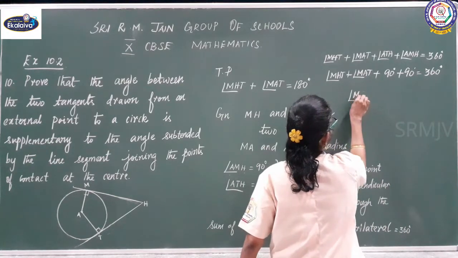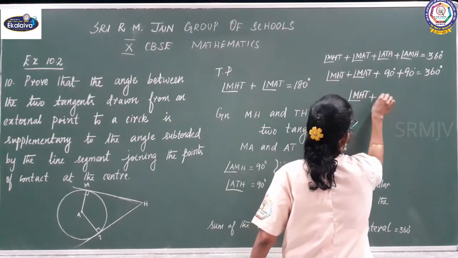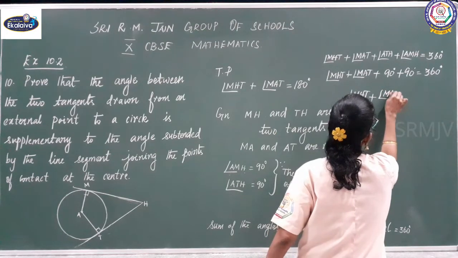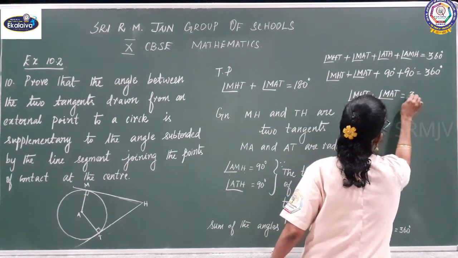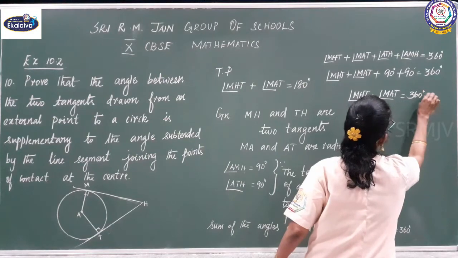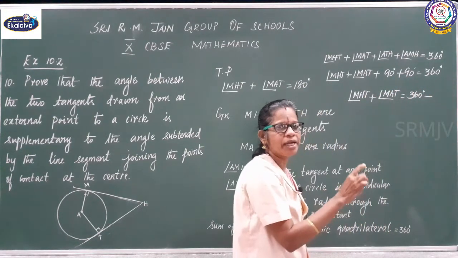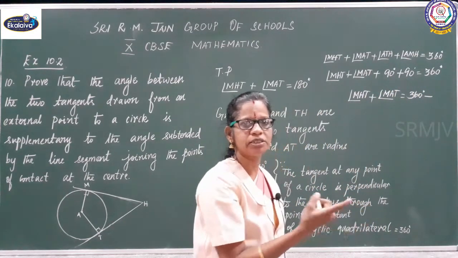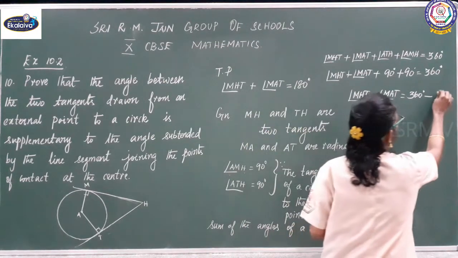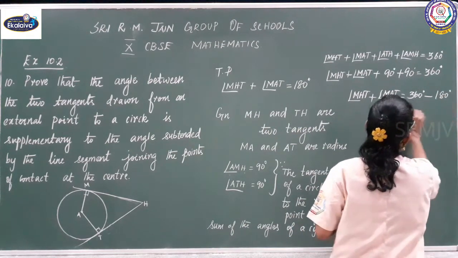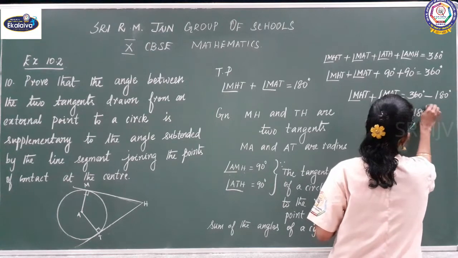Now MHT plus MAT equal to 360 minus 90 plus 90, 180. When you shift the positive to the right side, it will act as negative. So minus 180, which is equal to 180 degree.